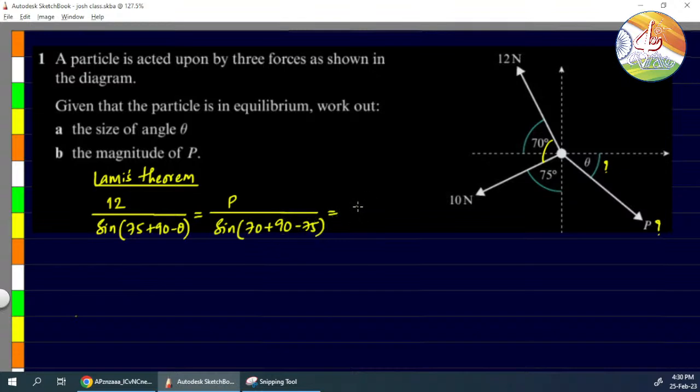And the last force is 10 newtons, and the angle opposite is this angle, which is 90 minus 70. Then this angle is 90, and this angle is theta. So we have to add all these angles, correct?